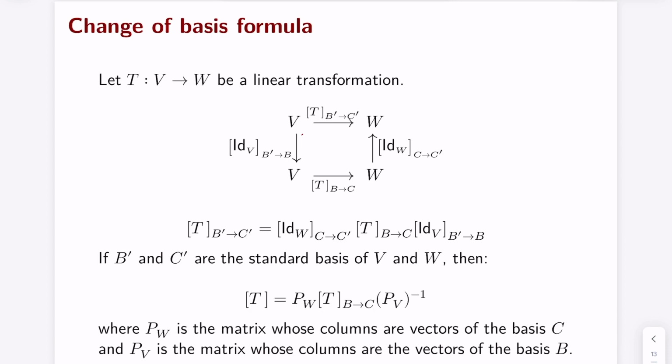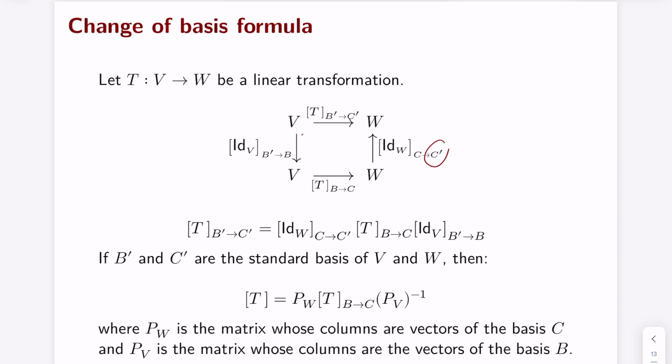In the particular cases in which these bases, the ones that we have here, are actually the standard bases, then we get a formula to calculate the matrix associated to the standard bases in function of the matrix associated to B C, and observe that here and here things get simplified when the bases are the standard.